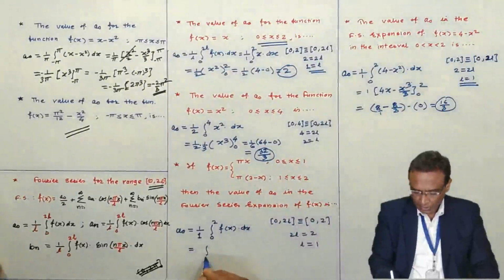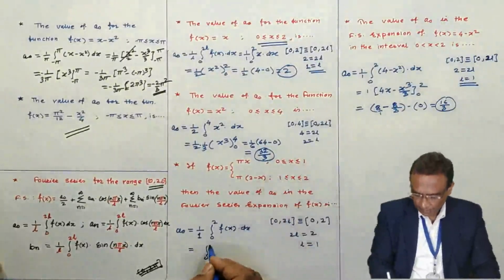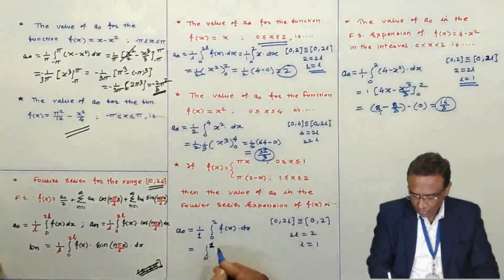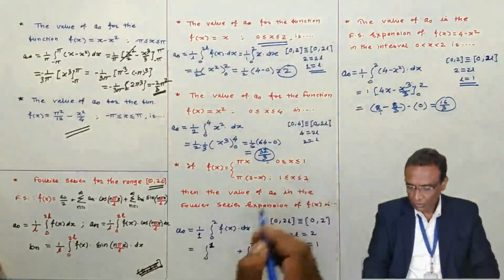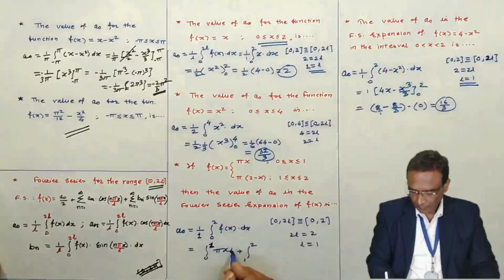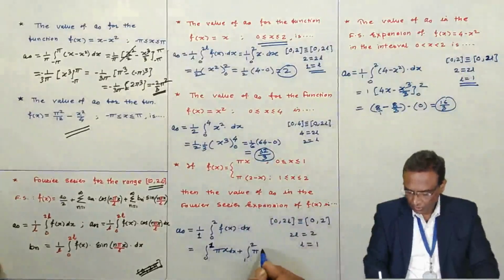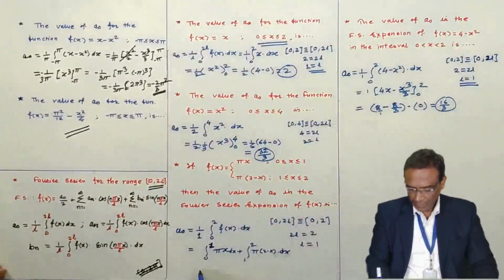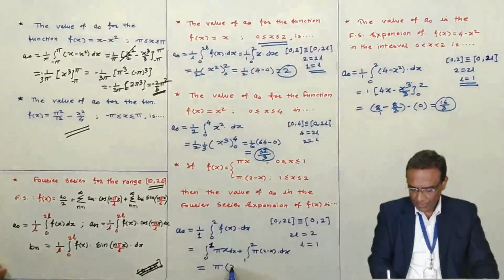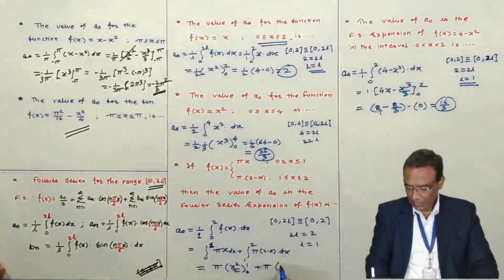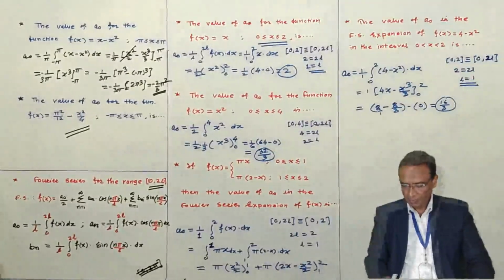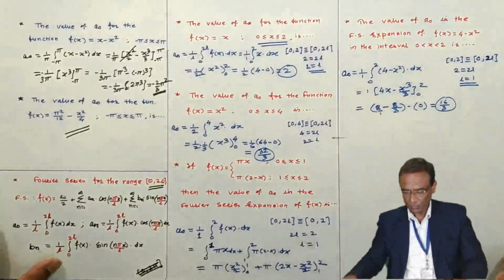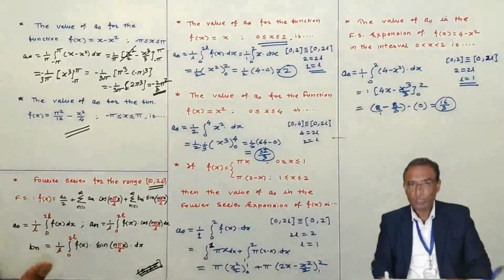But here, 0 to 2 is split into two semi-intervals, 0 to 1 and 1 to 2. f(x) for 0 to 1 is pi x. And take integration directly. Integration of x is x square by 2. Lower limit 0, upper limit 1. Integration of this is what? Integration of 2 is 2x. Integration of x is x square by 2. 1 to 2. And put upper limit, lower limit. Okay, you will get the value of a0. We don't have sufficient space here, so this part is only for you.